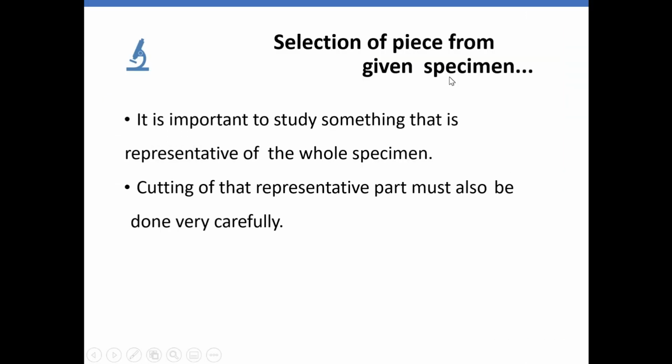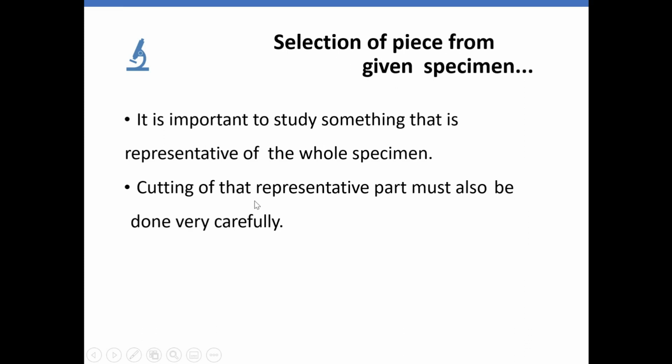Selection of a piece from the given specimen. The first step is to select the material. It is important to study something that is representative of the whole specimen. A piece of that specimen should represent the whole element.